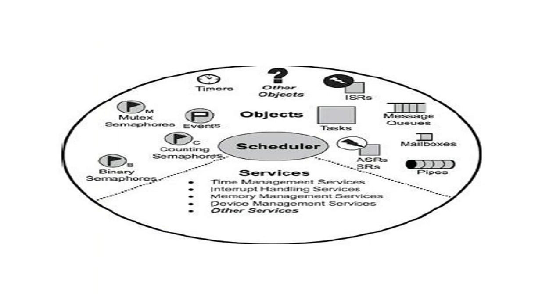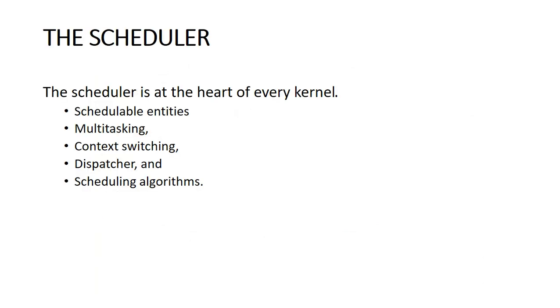Everything, like the scheduler, mutex, semaphore, events, everything is considered an object. The RTOS has the kernel, which is a core supervisor software that provides the minimal logic, scheduling, and resource management algorithm.